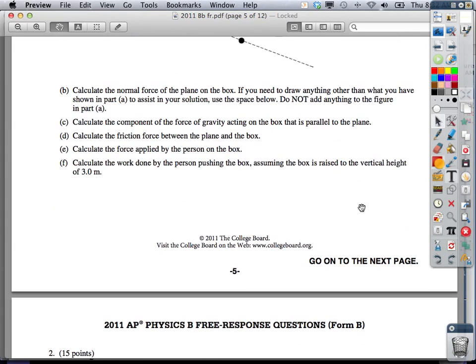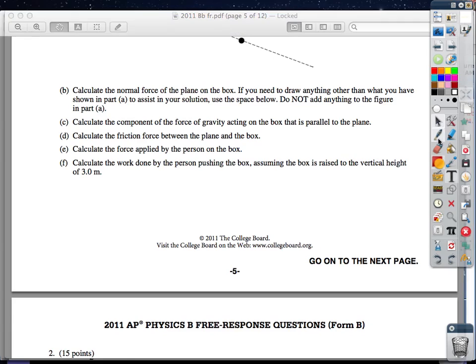So once again, calculate the force applied by the person. Use the force statement that we already said. Part B, the normal force, is just mg cos theta. Part C, the component of gravity acting parallel, that's mg sine theta. The friction force is mu mg cos theta. So we don't need our full force statement yet.